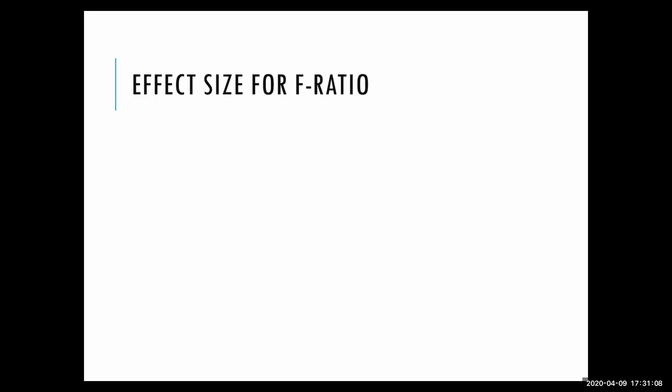And then we're going to find our mean square between. Our mean square between is sum of squares between divided by degrees of freedom between, which is 30 divided by 2, which is going to give us 15. So 30 up here.